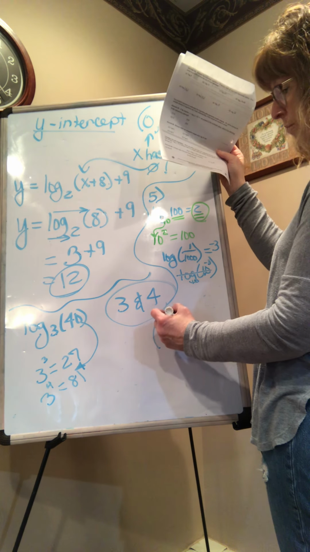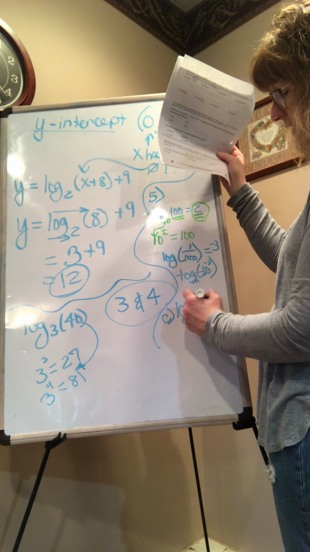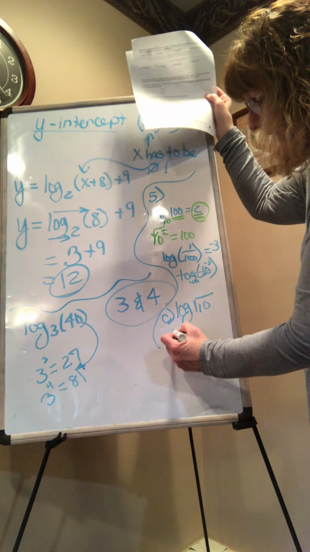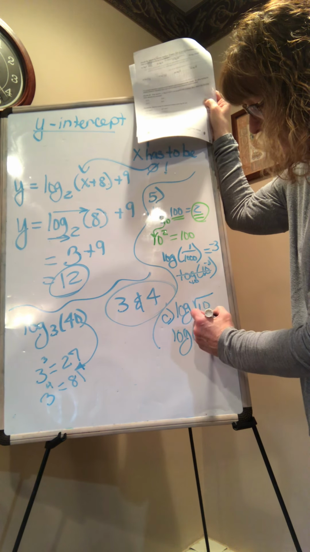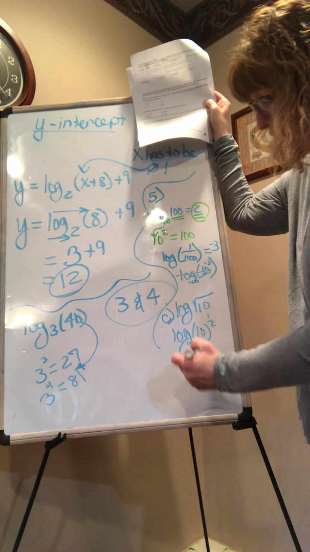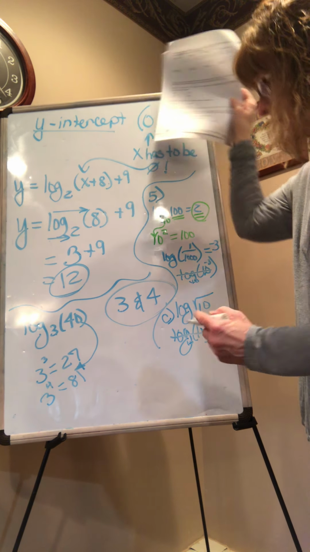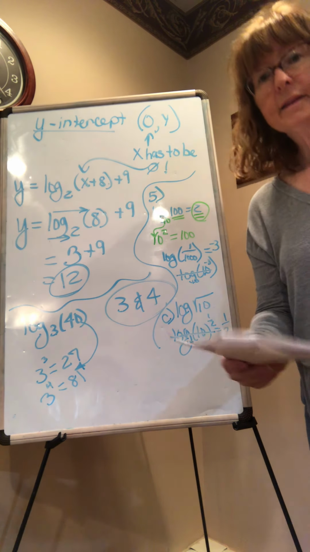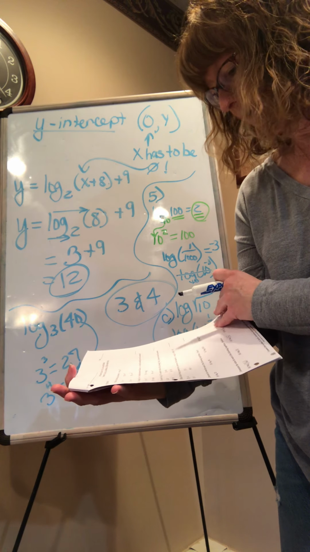Then we have part C, the log of the square root of 10. Well, this is the log of 10 to the 1/2 power, and that invisible base of 10 cancels, and we get 1/2.